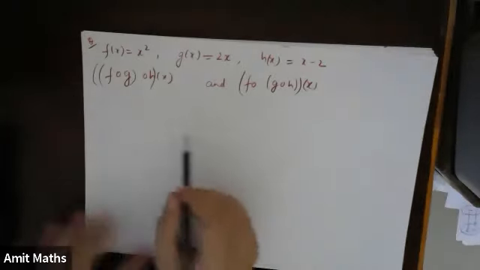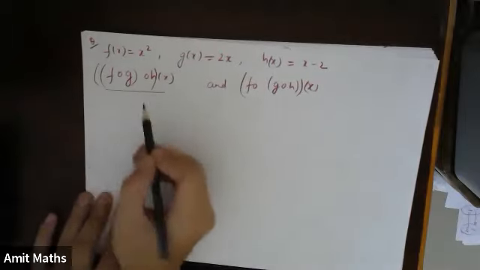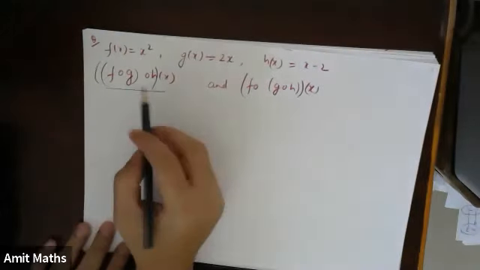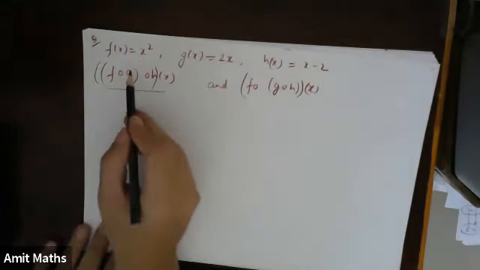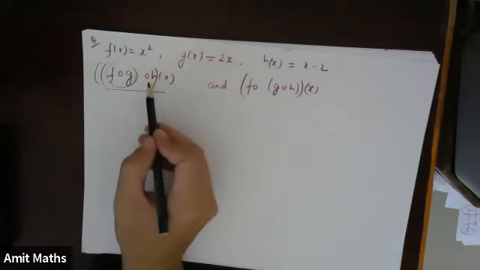Okay, let's try to find out. First we'll find this part. What they are doing is first finding f o g, and then in f o g they are substituting the value of h.